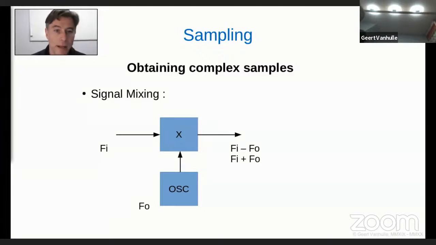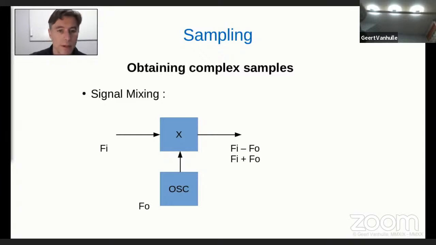What is typically happening in a mixing stage is that it will produce mixing products, being, for example, the input frequency minus the local oscillator frequency and the input frequency plus the local oscillator frequency.